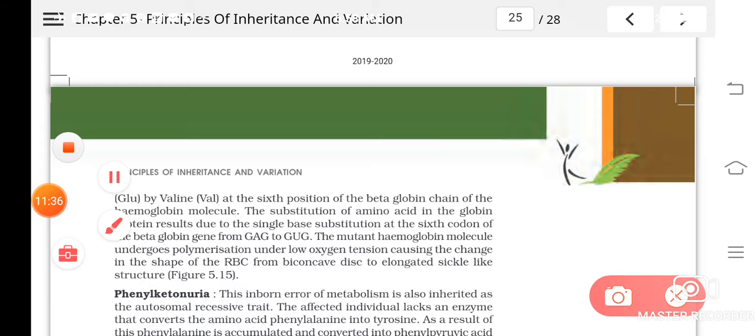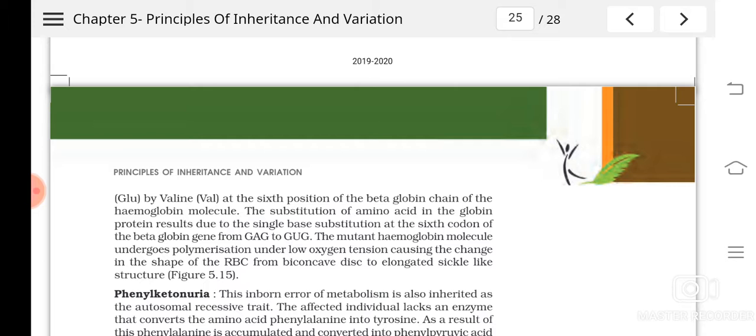We studied, when we studied the quaternary structure of proteins, that hemoglobin is an example where two polypeptide chains are there. So in the 6th position of the beta globin chain of the hemoglobin molecule, this happens.